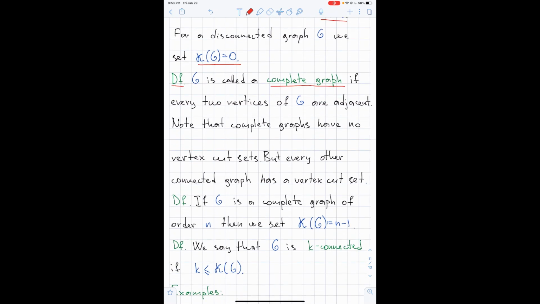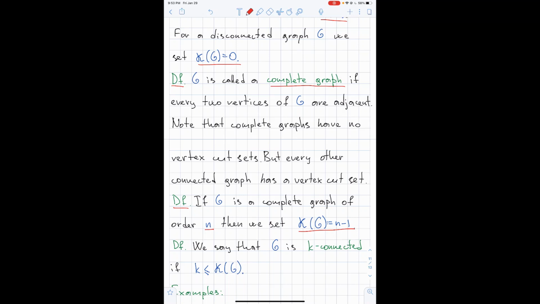So we extend our definition by just saying that for a complete graph of order n, so with n vertices, the connectivity is equal to n minus 1. So we just define it that way. Note that for a non-complete graph of order n, the connectivity is always less than n minus 1.